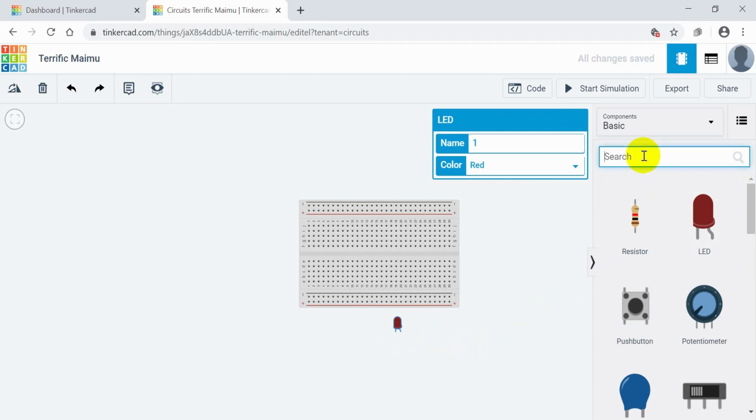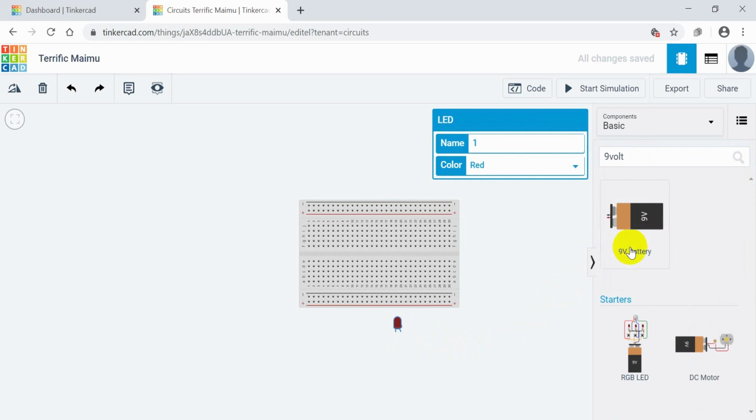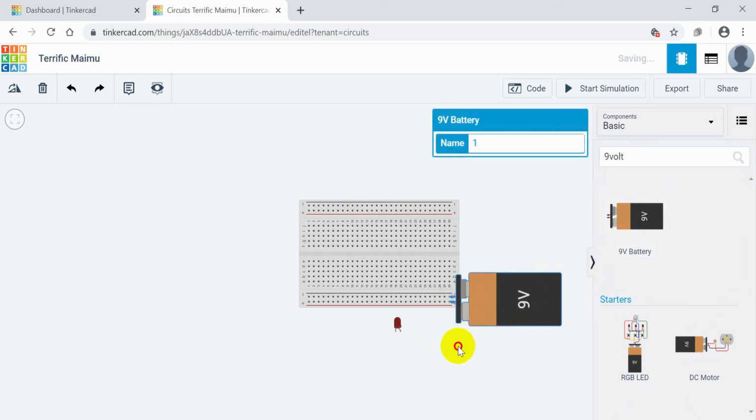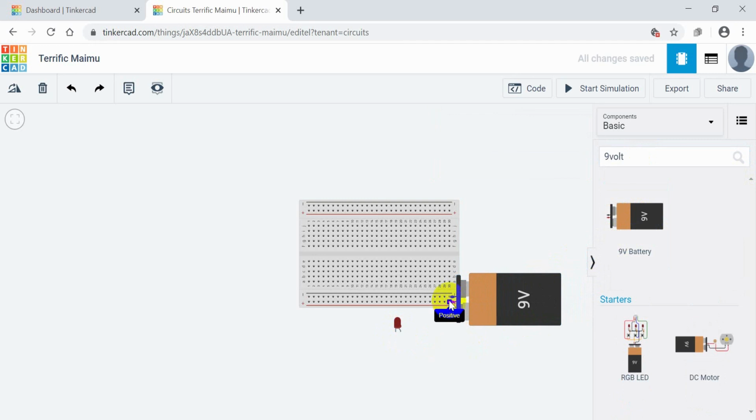Next, here, battery. For example, here I am taking the 9 volts battery and it is connected directly. The positive terminal goes to the last row, and the negative terminal to the second row.